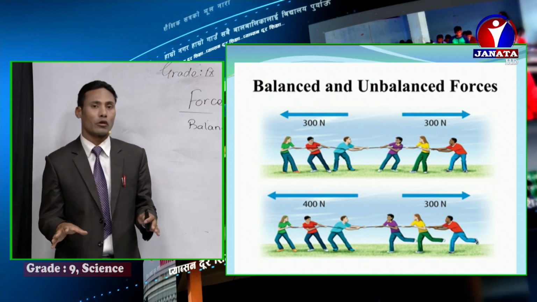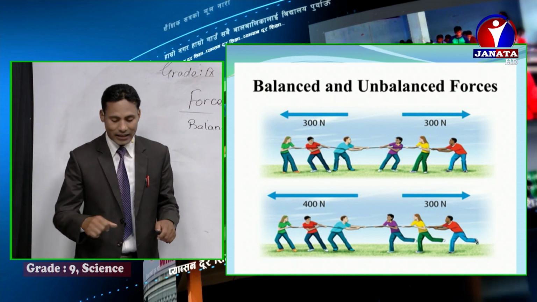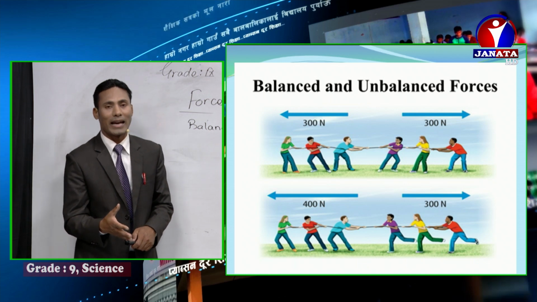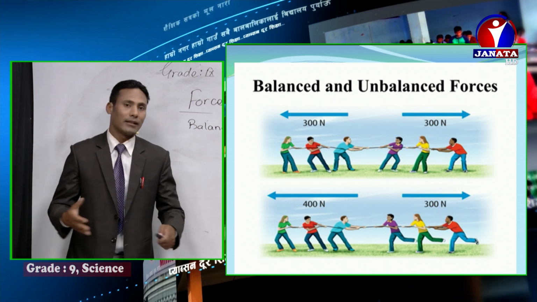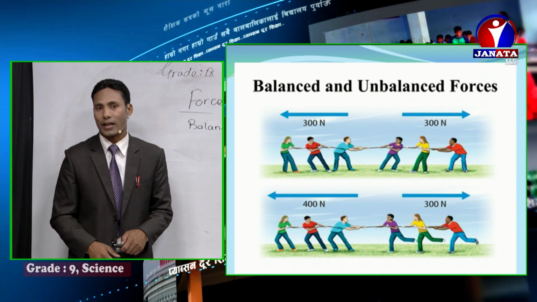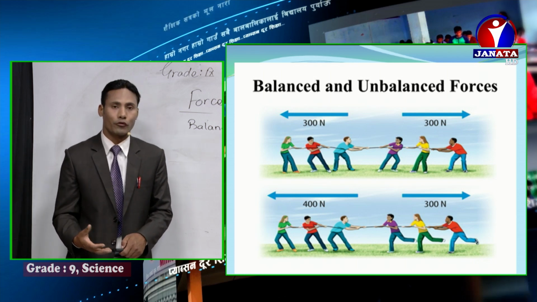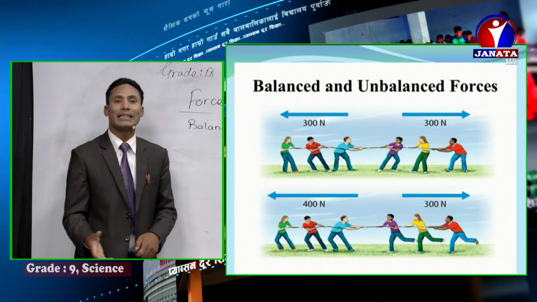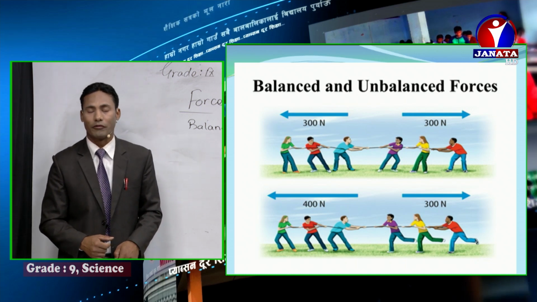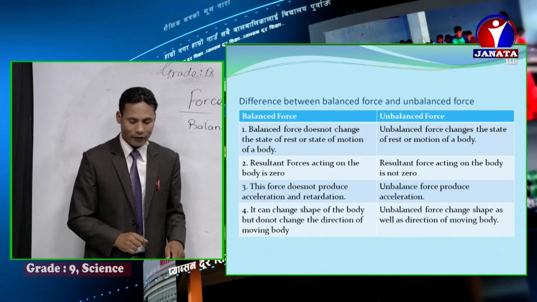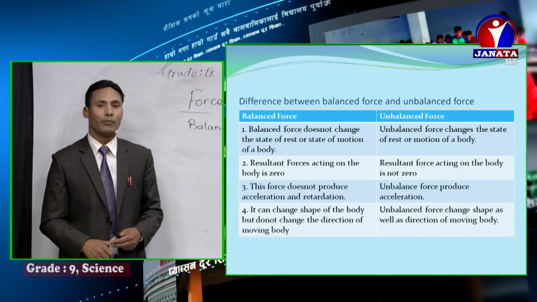And in the next figure, you can see one team applies 400 Newton force, and the other team only 300 Newton. That means definitely the team which applies 400 Newton force will pull the other team in its own direction, which is the unbalanced force. So that is the concept of balanced force and unbalanced force.